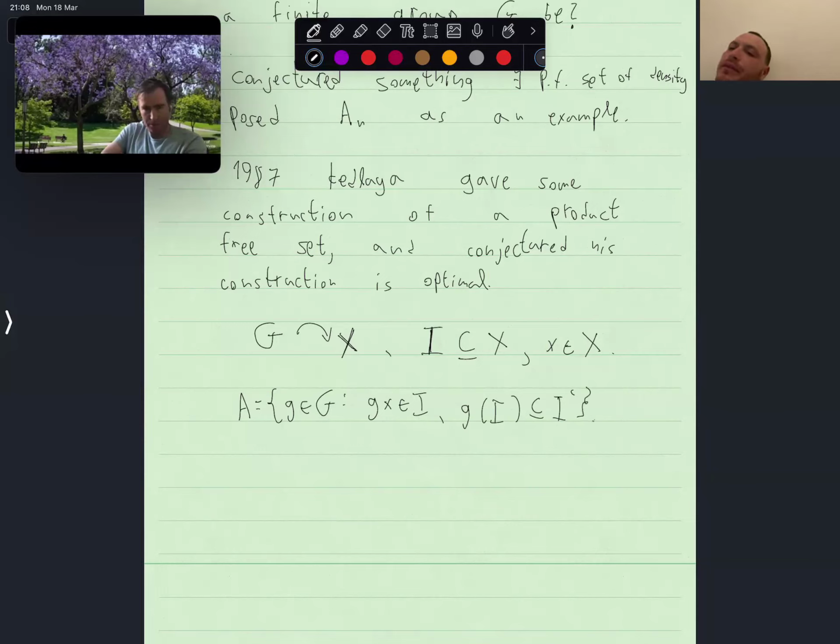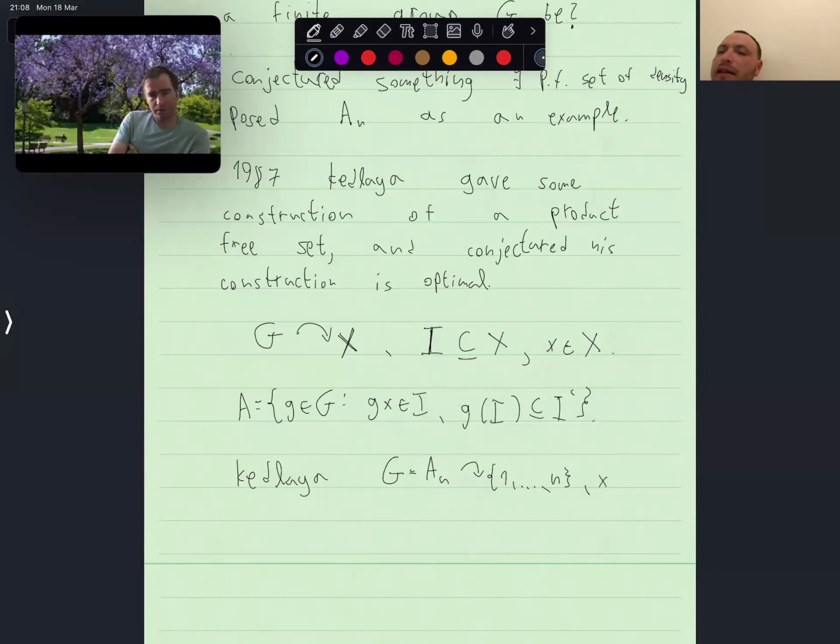Basically, Kedlaya's conjecture was the case where G is A_n, which acts on the set 1 up to n.